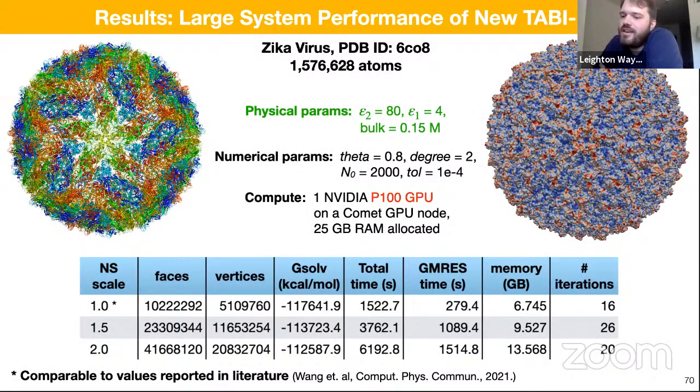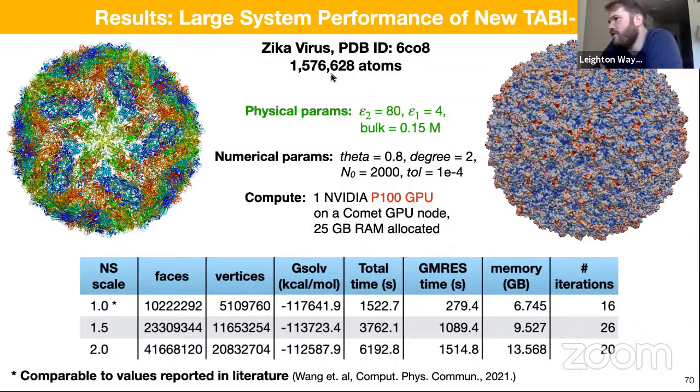So we tried to up our game a little bit and actually start running some big things for the first time with this new TABI. So we ran on this Zika virus. I think Chris Cooper was on the call. This paper, which Chris Cooper worked on, was a big inspiration for this, because we saw what they did with this large structure.